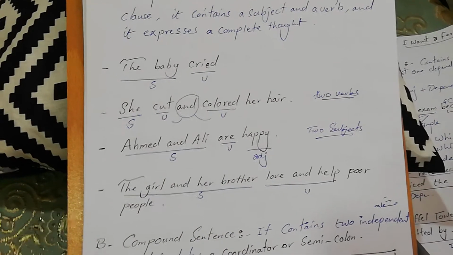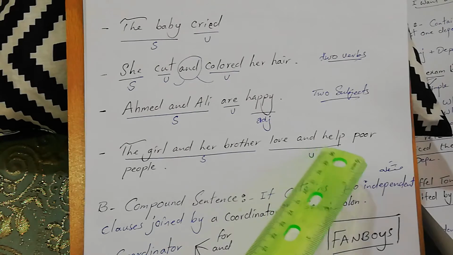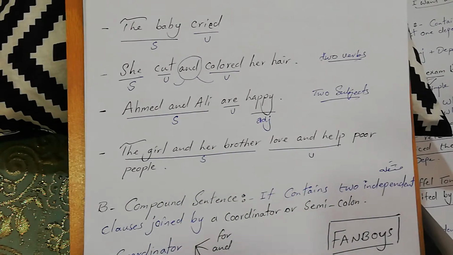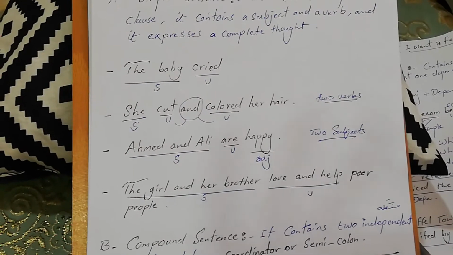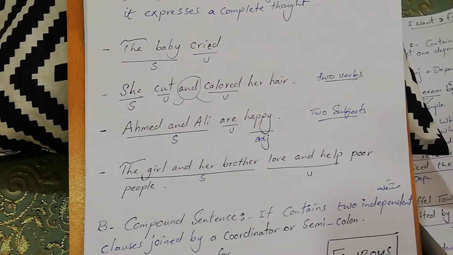The girl and her brother love and help poor people. Here we have two subjects and two verbs. بكل أنواع الجملة البسيطة المهم إن الفكرة هنا complete, I can understand this sentence.